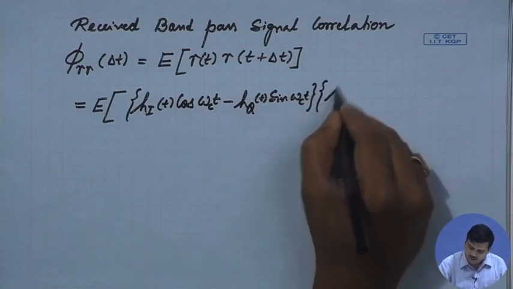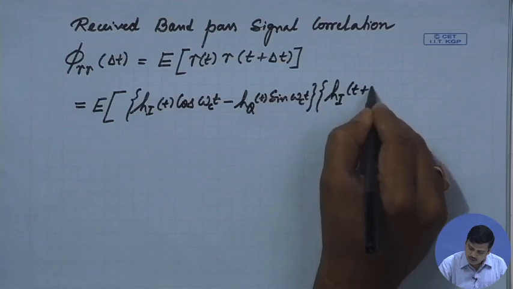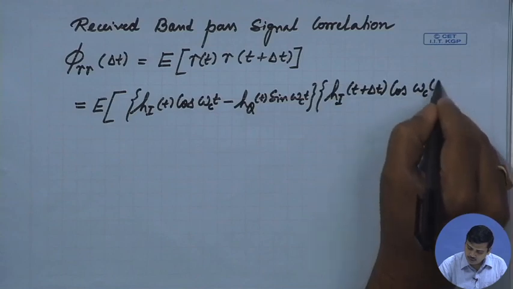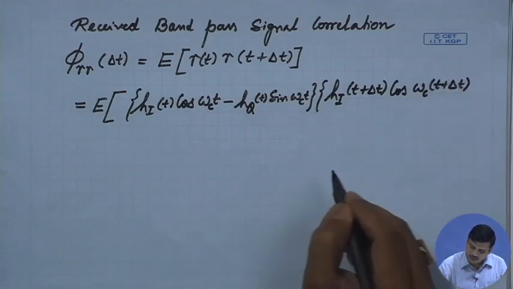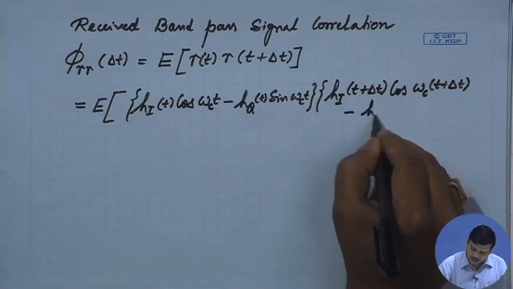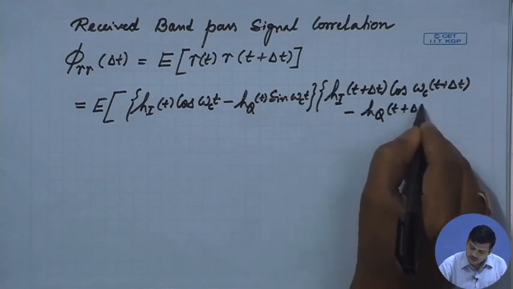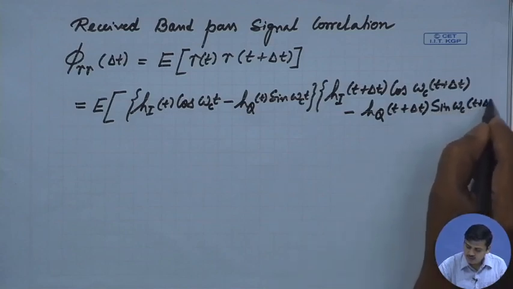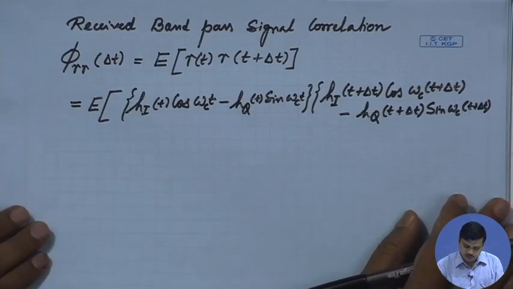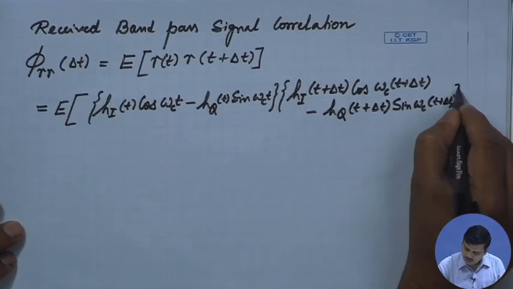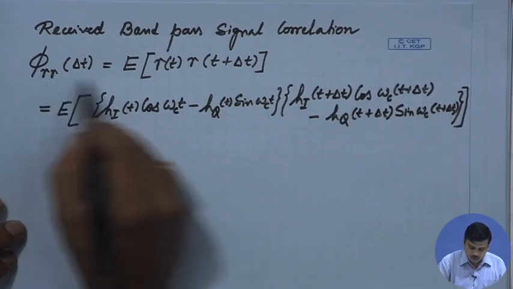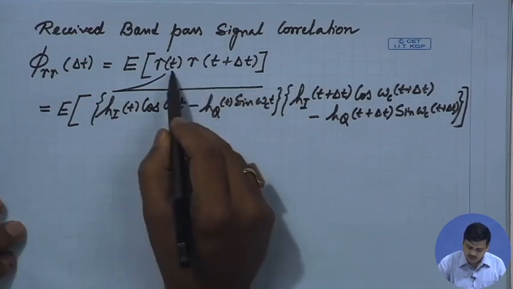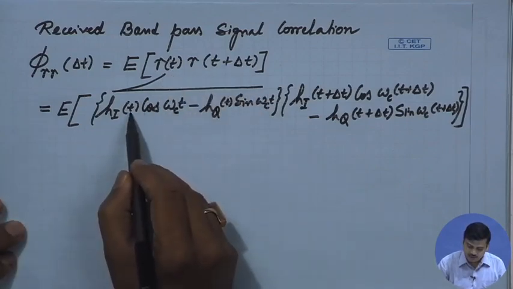The second component is h I of t plus delta t cos omega c t plus delta t minus h q of t plus delta t into sine omega c t plus delta t. So, we have r of t, which gets expanded in this part. R t plus delta t is basically r t, but this t has been replaced by t plus delta t.